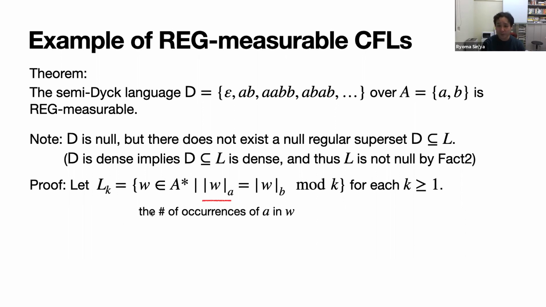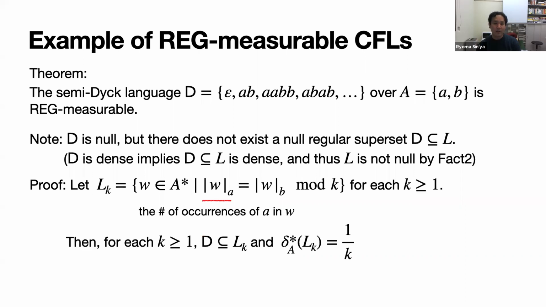So L_K consists of all words over a and b with the same number of occurrences of a and b modulo K. This is surely a regular language. It can be accepted by a K-state deterministic finite automaton.